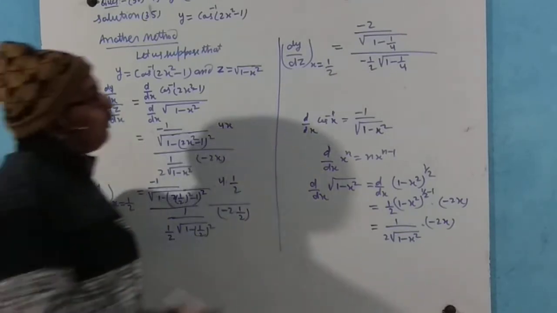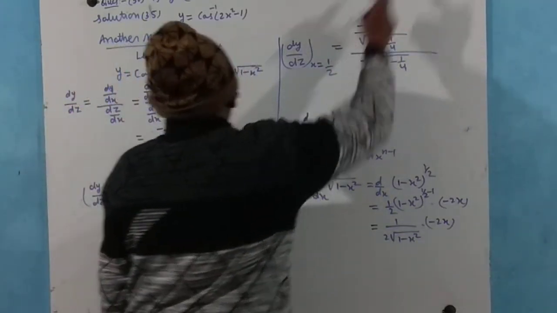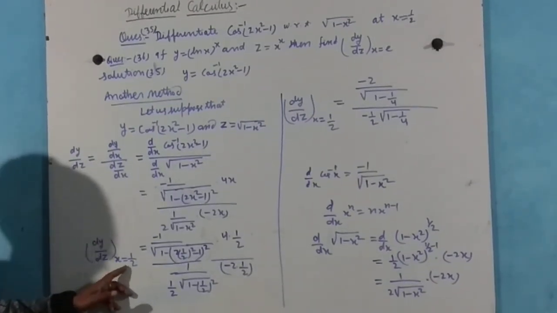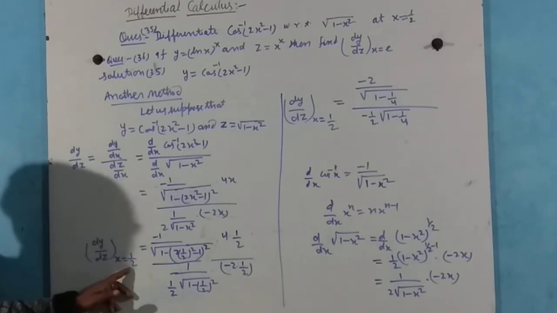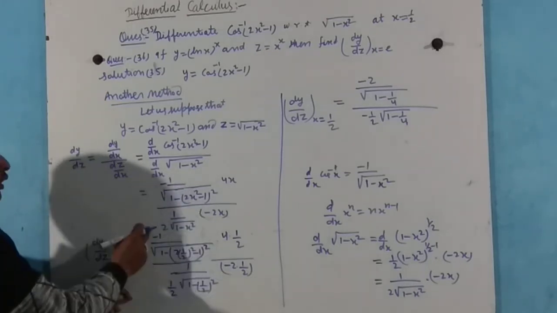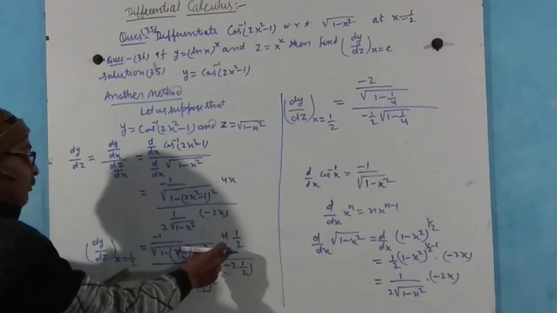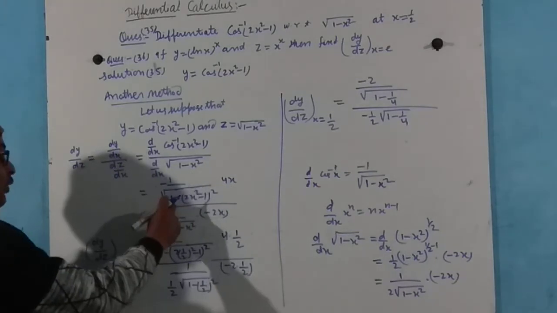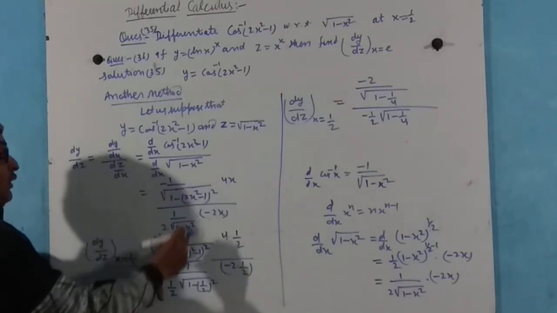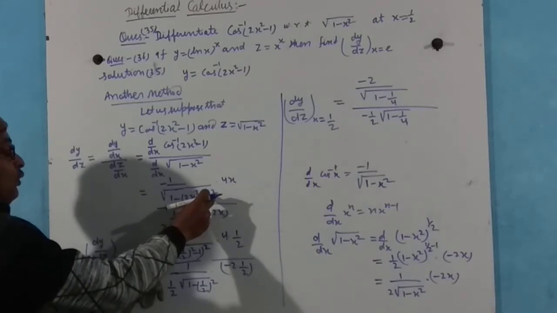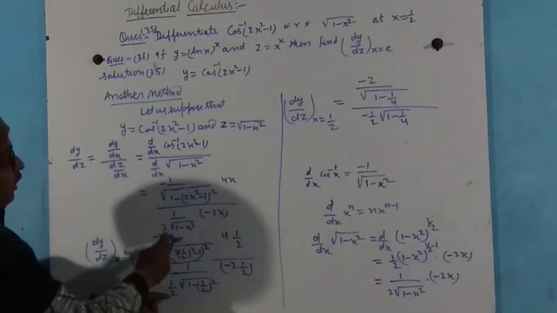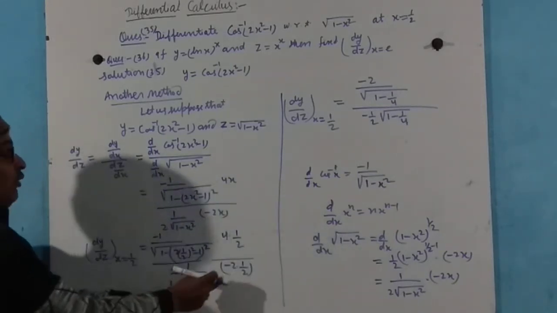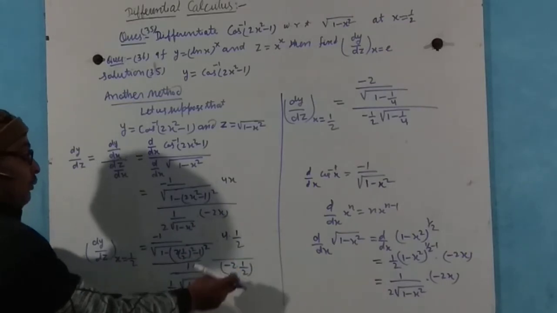We have to find the value at x is equal to half, so dy by dz at x equal to half. Putting the value of x equal to half here, we get minus 1, and here 4 into half divided by under root 1 minus (2 into half square minus 1) whole square, over 1 by 2 under root 1 minus half square, and minus 2 into half here.